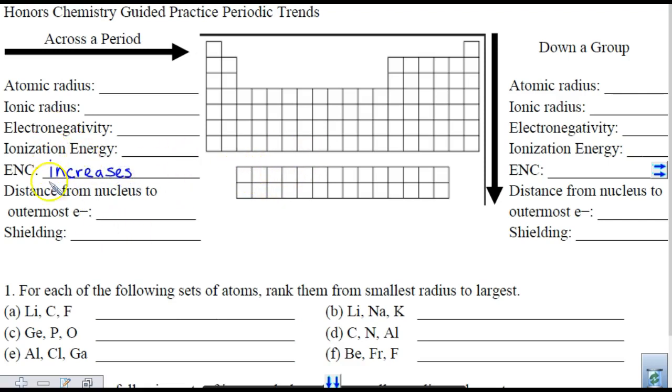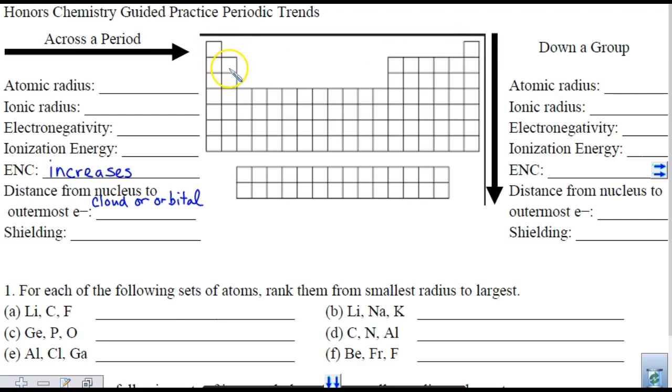Okay, and then distance from nucleus to outermost electron, and I really should have said electron cloud or orbital. You have to remember that on a particular row, each row represents an energy level of electrons. So hydrogen and helium only have one energy level of electrons.